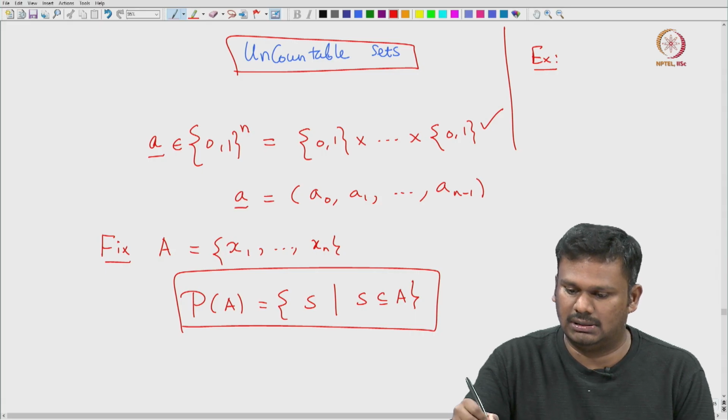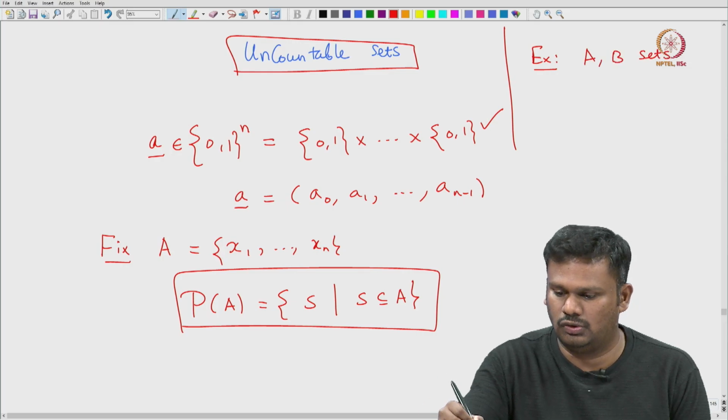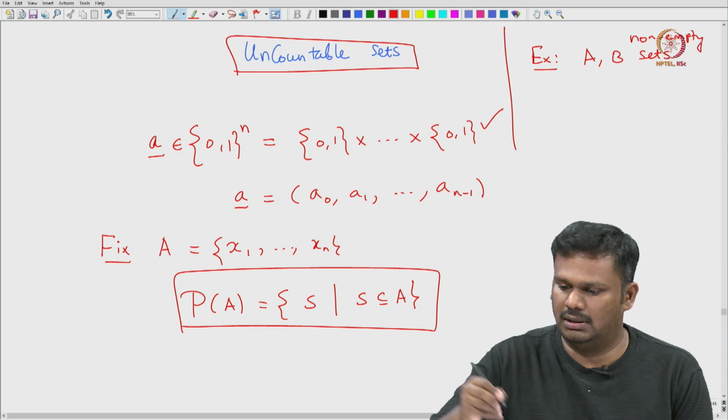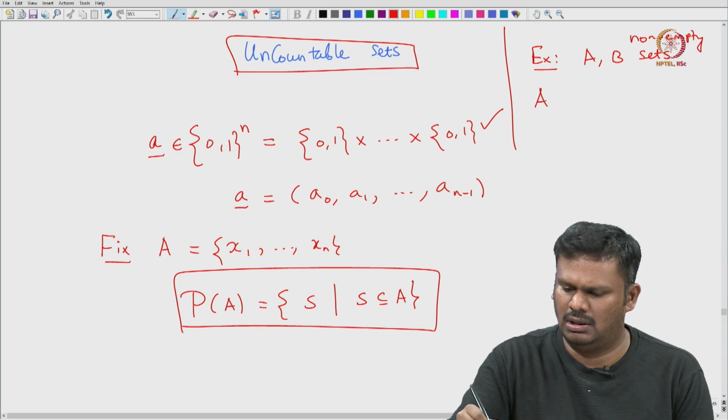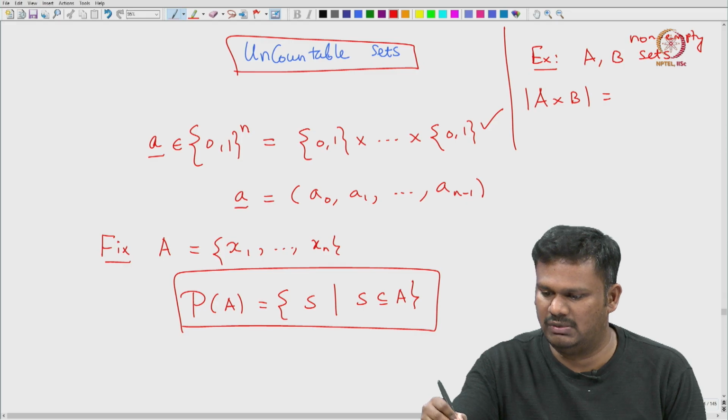More generally, this is well known: suppose A and B are two sets, and assume both are non-empty to make the Cartesian product meaningful. Let us only assume finite sets.